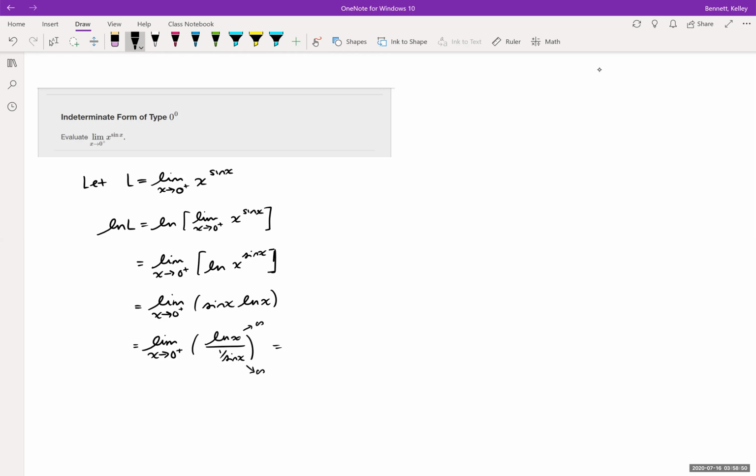But we could also write this as the limit as x goes to 0 from above of ln x over cosecant x, right? So again, I didn't apply L'Hopital. I just rewrote 1 over sine as cosecant. It's still the case that it's infinity over infinity. Now I'm going to apply L'Hopital.